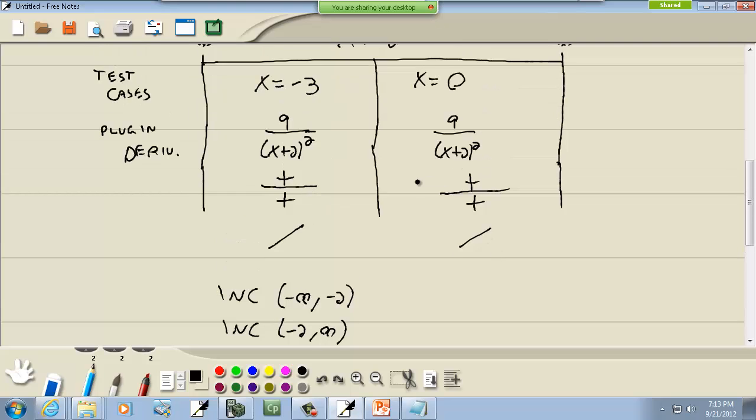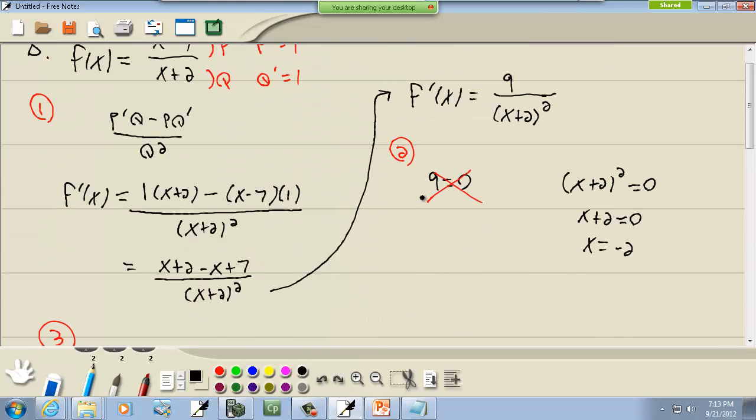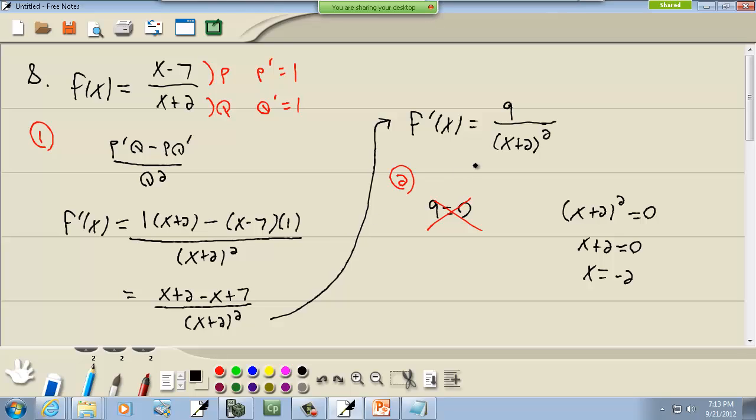Well, that one was kind of boring, plugging it in. The trick to it is, when I came up with my derivative here, and I saw this was squared, and I saw this was positive, positive over positive is always positive. So I knew it was increasing everywhere. The only place it wasn't increasing is if we look back at our original domain. Remember with the fraction, we set the denominator equal to 0.